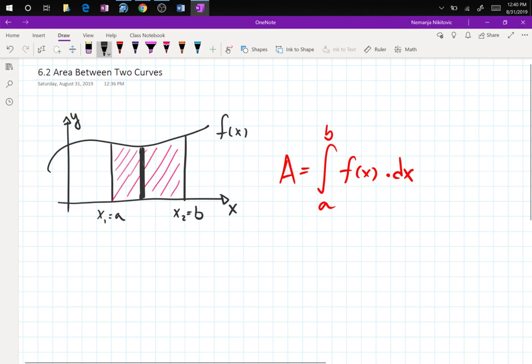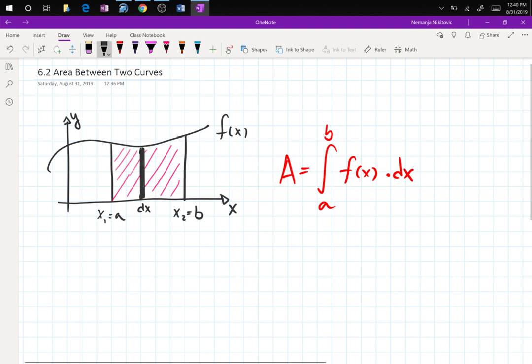You remember that? Maybe. Yes, Riemann sum. Now, this one that I draw here is the infinitely thin rectangle that you learned about as a Riemann sum, right, in Calculus 1.